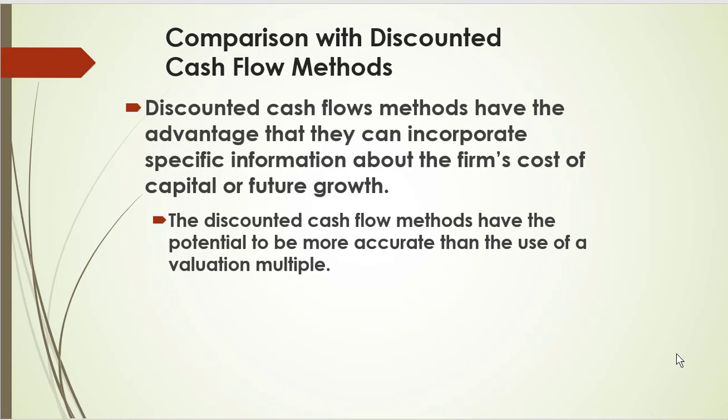It really looks at smaller portions of information from the company, whereas the valuation multiples are a more broad-based kind of a model or a formula, if you will. So the discounted cash flow models do have a potential to be a little bit more accurate, maybe, because we use smaller pieces of information.